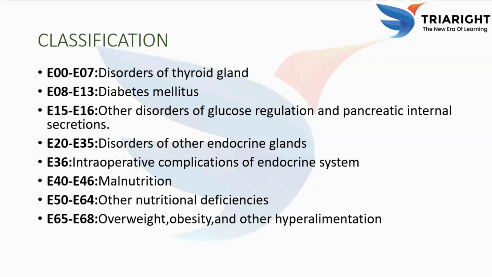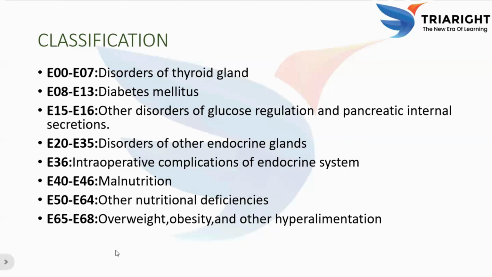The E50 to E64 code range. These codes are assigned for nutrition deficiency disorders, whenever the patient is diagnosed with nutrition deficiencies. For example, vitamin D deficiency or vitamin C deficiency.